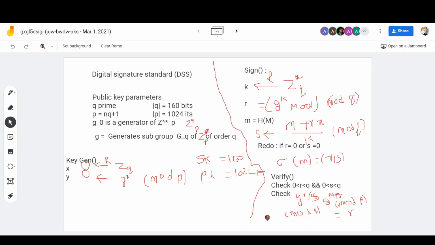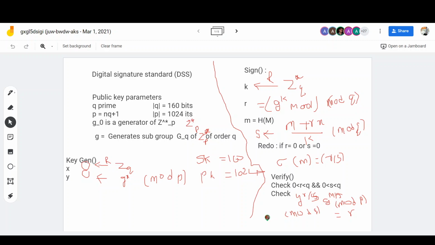Very simple algorithm. First, the public parameters need to be defined. q is a prime number, p is also a prime number. How can we choose p? p is equal to nq plus 1. Sometimes people call these Blum integers.